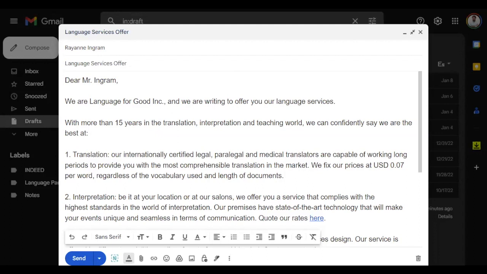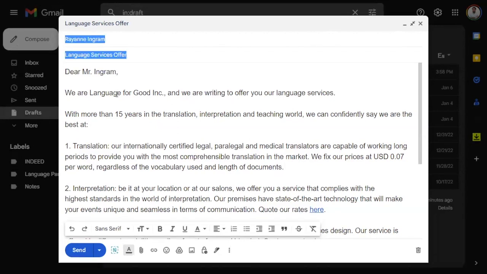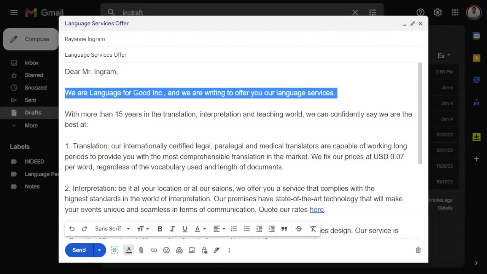But when you start working with the body of your email, there are some things that you need to do. The first thing you normally do is define who you are. In this case, this person is writing on behalf of an organization called Language for Good Incorporated.